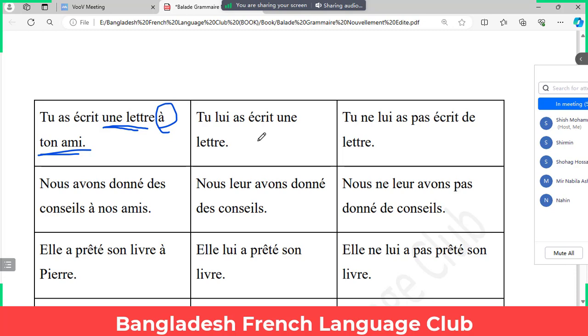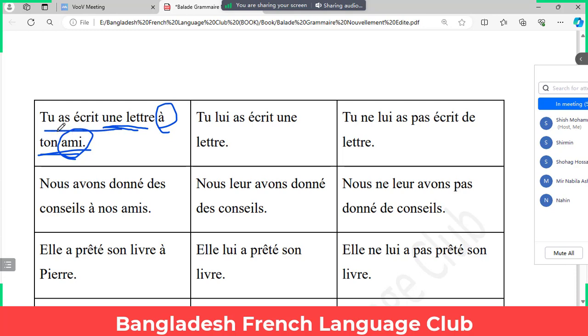So ton ami, the number and gender: ami is third person singular, right? And for the indirect object it is the same lui for il and elle. For both of them lui, so we simply consider it as lui. So, Tu lui as écrit une lettre.